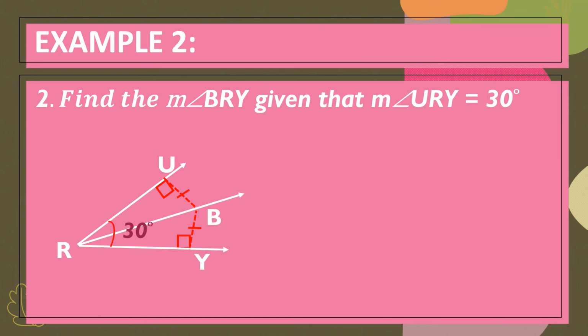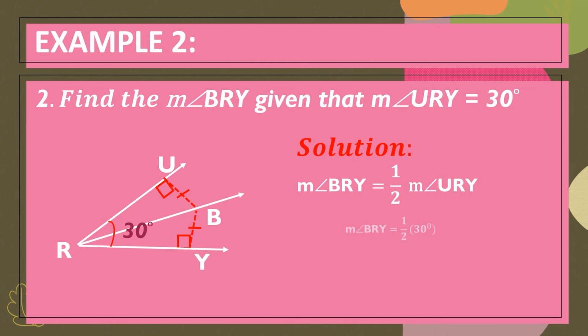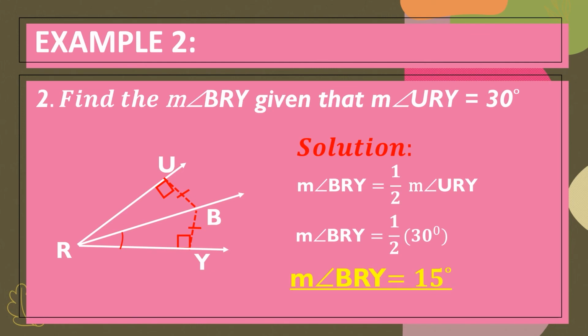Find the measure of angle BRY given that the measure of angle URY is equal to 30 degrees. Applying the converse of the angle bisector theorem, the measure of angle BRY is equal to 1/2 the measure of angle URY. Substitute the given. We have the measure of angle BRY is equal to 1/2 of 30 degrees. Therefore, the measure of angle BRY is 15 degrees.